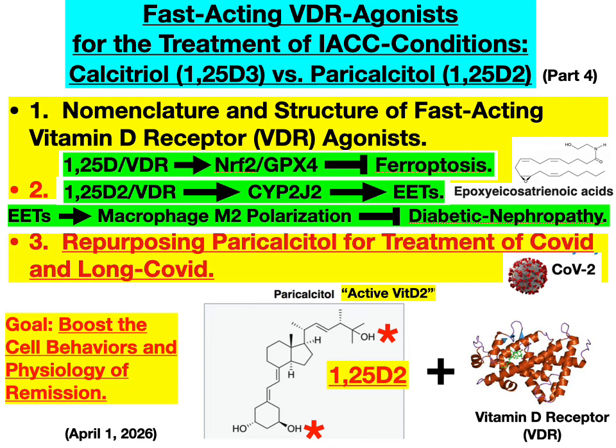The second key axis is a pathway which has been recently discovered. Activated vitamin D receptors upregulate an enzyme known as CYP2J2. This is an epoxygenase. An epoxygenase is an enzyme which puts epoxy groups, in this case, on a pro-inflammatory lipid, arachidonic acid.